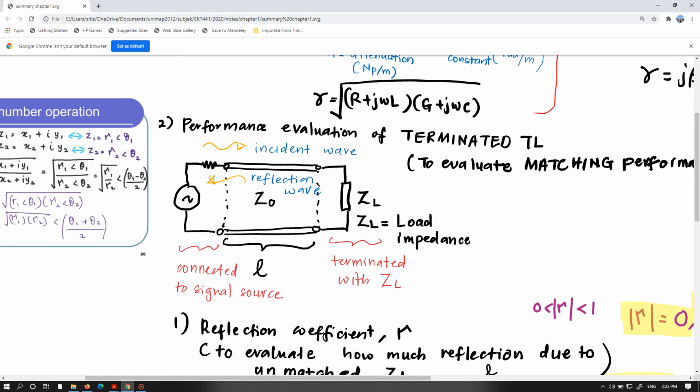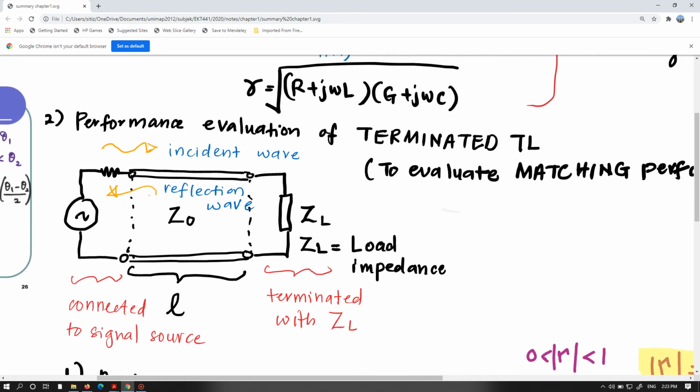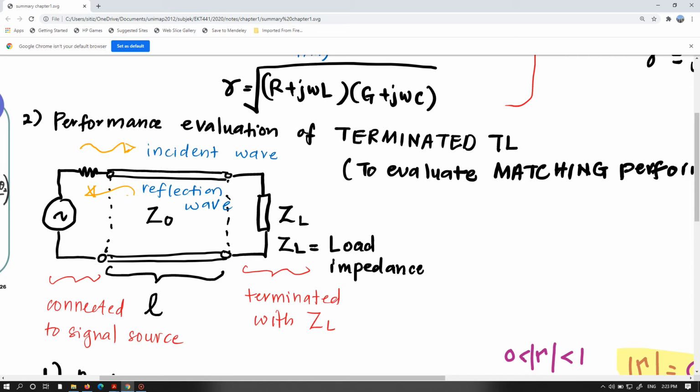Now here, at this condition, the transmission line is connected to the load. When it is connected to the load and to the signal source, what happens is that you will have an incident wave in the forward direction and a reflected wave in the reverse direction.